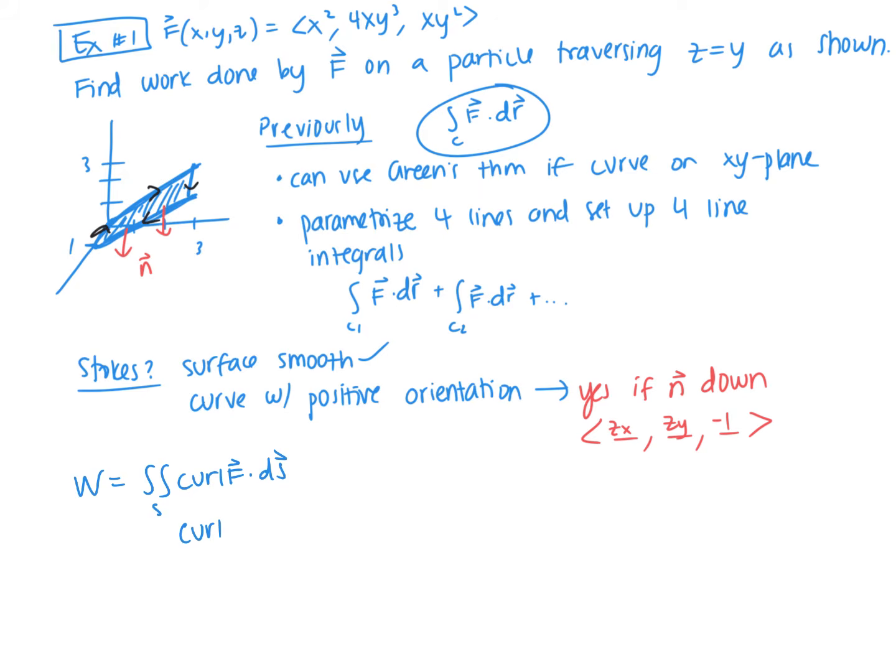So let's find our curl of f. So it's the gradient, which is the partial with respect to x, partial with respect to y, and partial with respect to z, crossed with f. And f is x squared, 4xy cubed, xy squared.